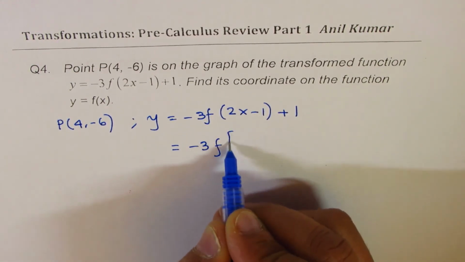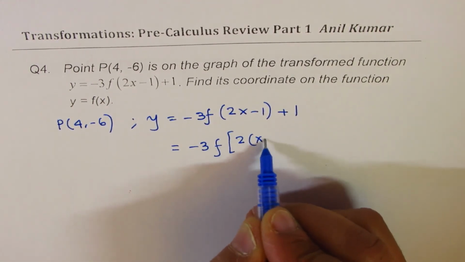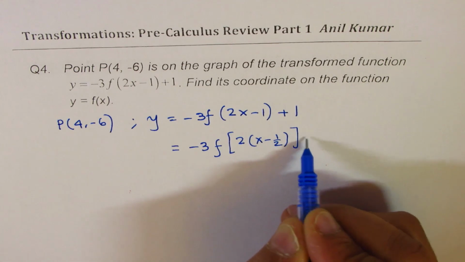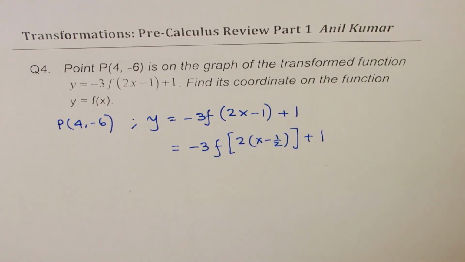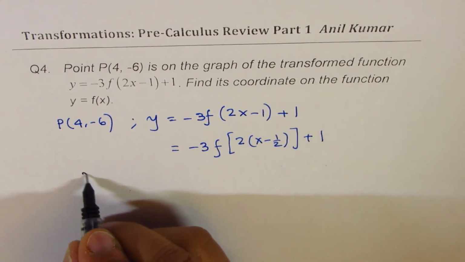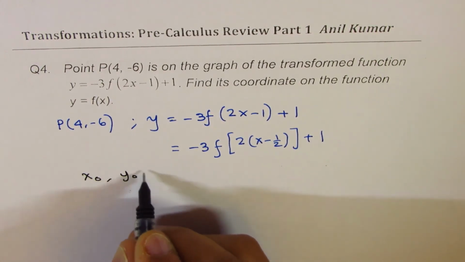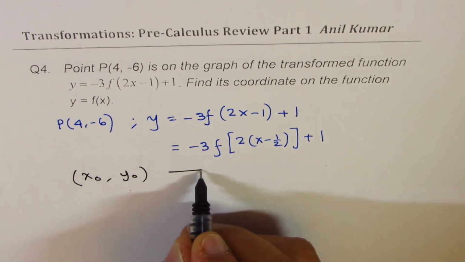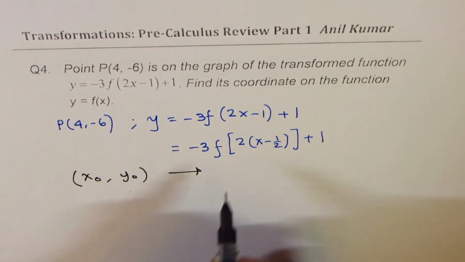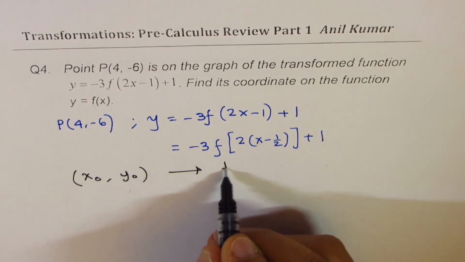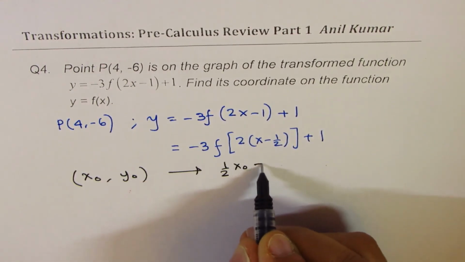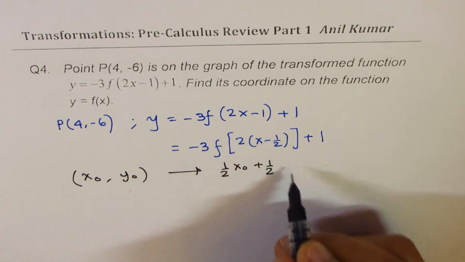We could factor and write this as 2 times (x minus half) plus 1. So if the coordinates are (x0, y0) in the original, then on this function they will be half of x0 plus half, right?